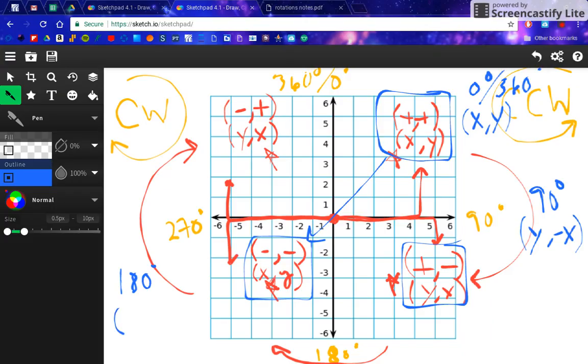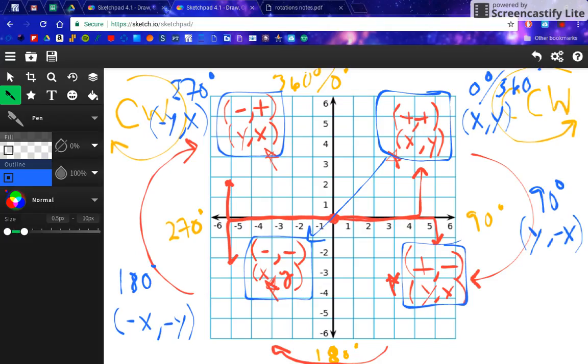You're going to end up having a negative x, negative y. So it's almost like a double reflection. And then for your last little tidbit, this last one for 270 is going to end up being negative y, positive x. All these things are your key.